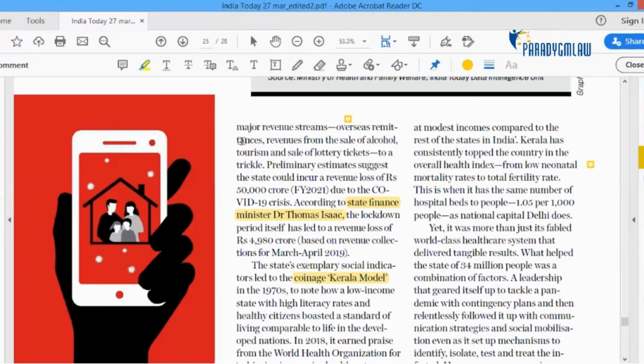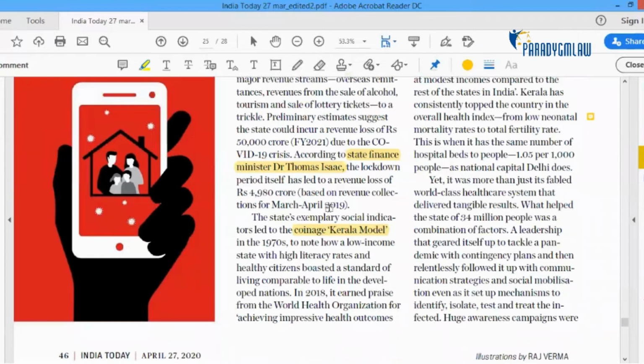Okay, so for the state, the major revenue streams are the remittance, the revenue from sale of alcohol, tourism, and sale of lottery tickets, all of which have come to a standstill now. And then the passage goes on to give us information about the revenue loss to the state, and the state finance minister. The name is mentioned and it's highlighted here, Dr. Thomas Isaac.